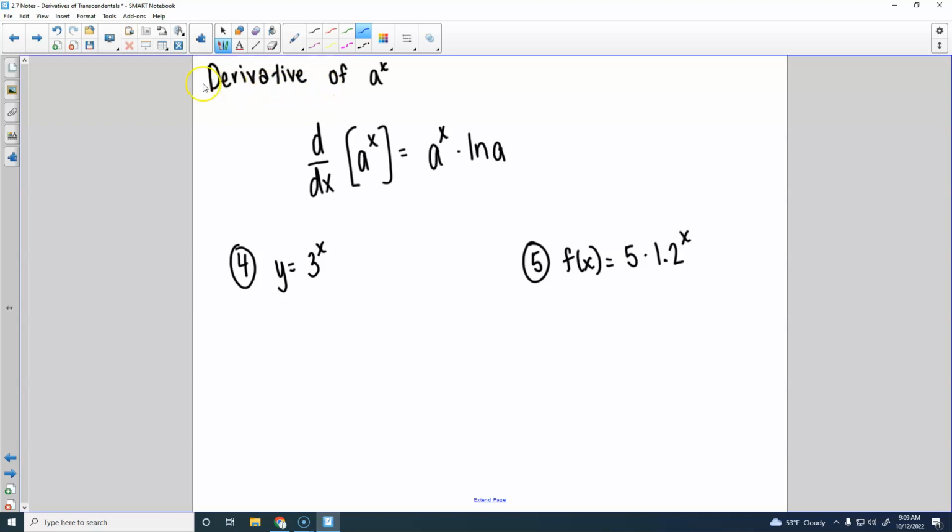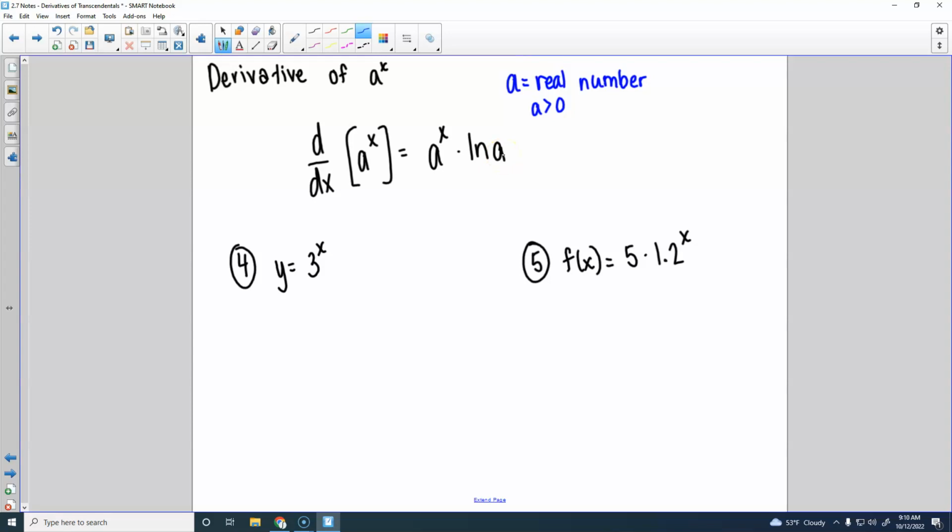All right, the derivative of a to the x power. A here is a real number. Typically, it's going to be an integer. Well, a also is going to need to be greater than 0, because can we take the natural log of 0 or a negative number?